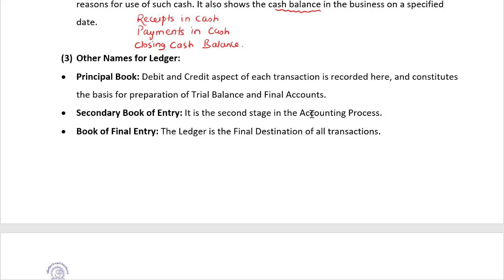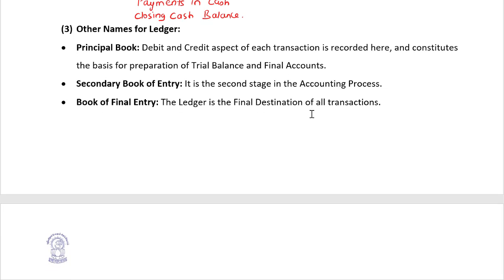Let's move a bit ahead. Other names of ledger. It is also known as the principal book. That is, the debit and credit aspect of each transaction is recorded here. Transaction example, purchase of inventory.